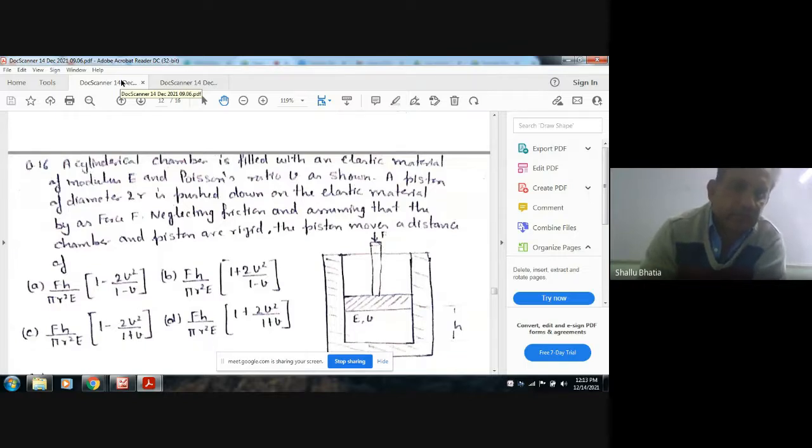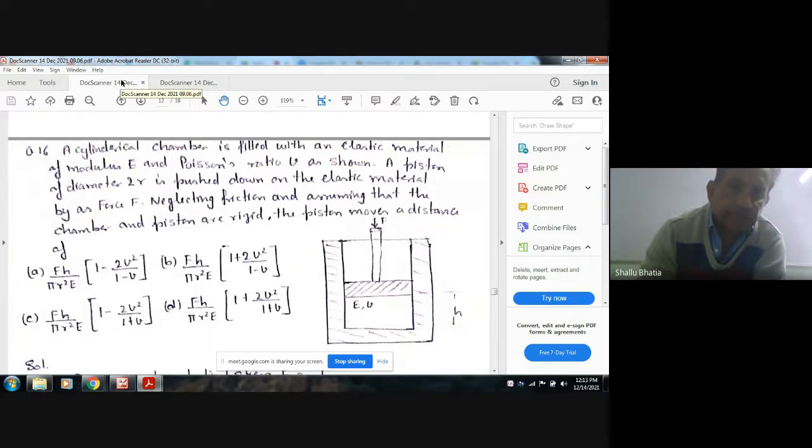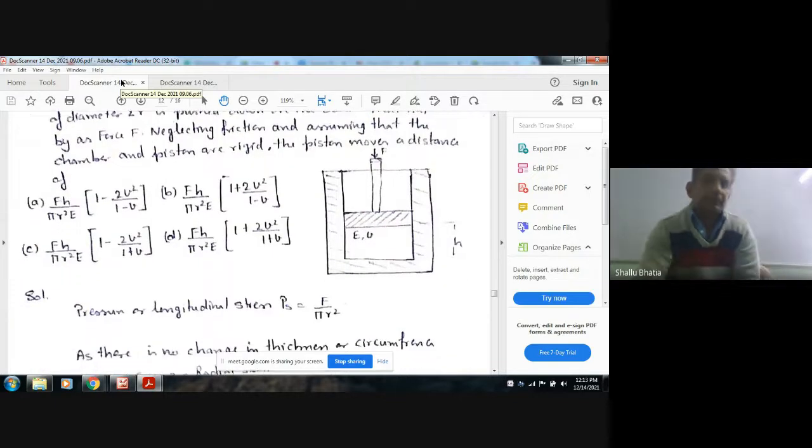Assuming that the chamber and the piston are rigid, the piston moves a distance of: option A, Fh by pi r square E, (1 minus 2 mu square) by (1 minus mu); B, Fh by pi r square E, (1 plus 2 mu square) by (1 minus mu); C, Fh pi r square E, (1 minus 2 mu square) by (1 plus mu); D, Fh divided by pi r square E, (1 plus 2 mu square) by (1 plus mu).